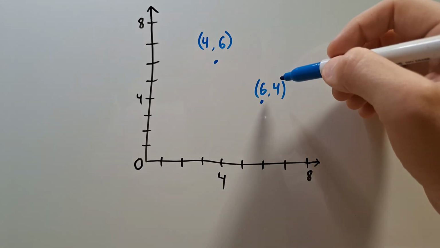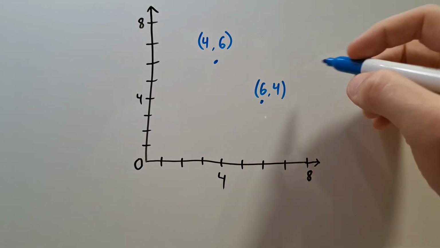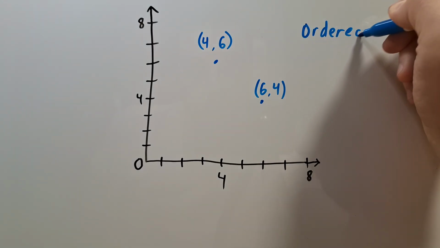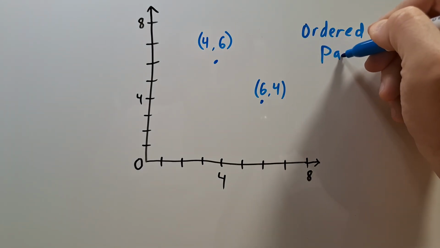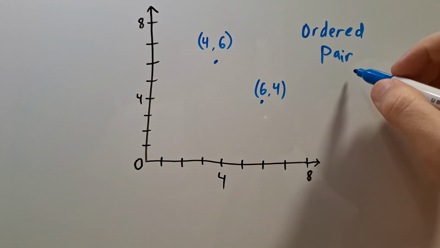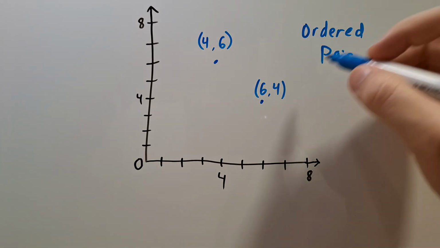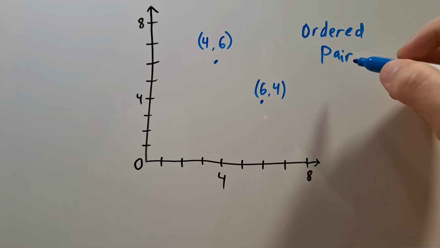The location of these points is called an ordered pair. Ordered pair. And they are called an ordered pair because the order within the pair is important.